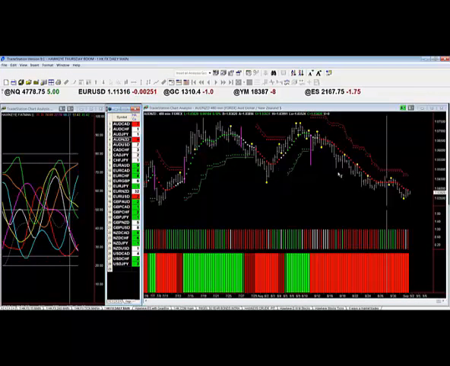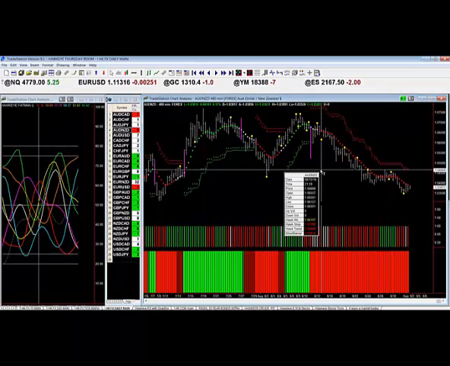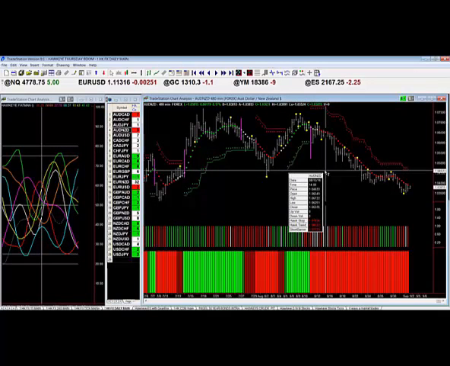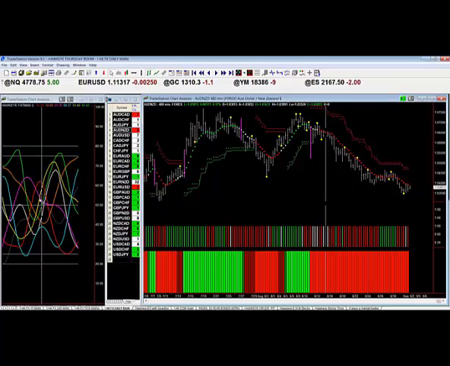Let's have a look at the Aussie New Zealand. Well, the Aussie New Zealand came in right up here, and you can see that the Aussie started to go down here. There's the Aussie, the red, and the New Zealand didn't allow it because it was rolling over as well.